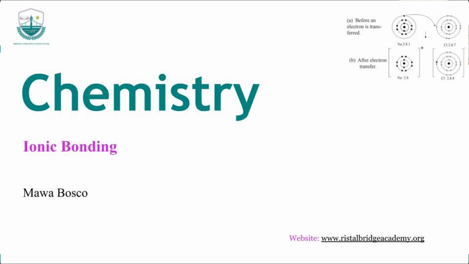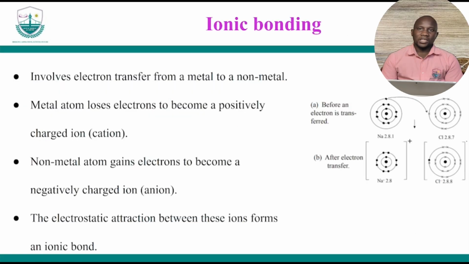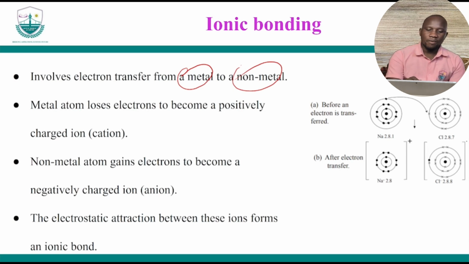Okay, so let's start. When we talk about an ionic bond, there should be a metal cation, and then there should also be a non-metal. That's the basic thing to start with. So there should be a metal and then a non-metal. Electrons are transferred from the metal to the non-metal.